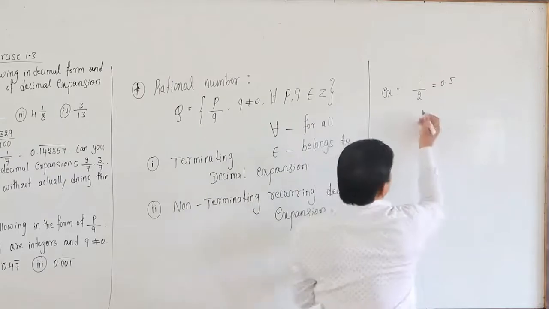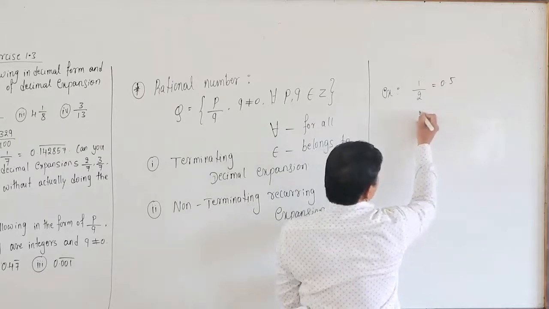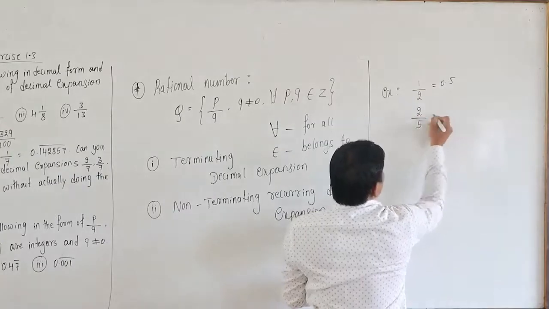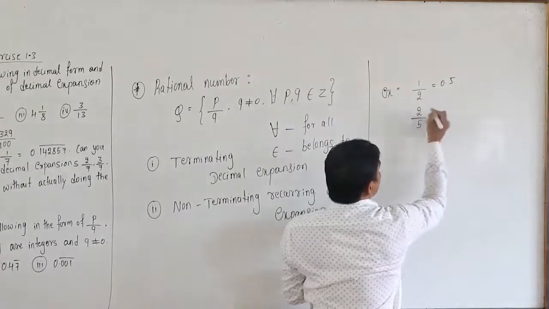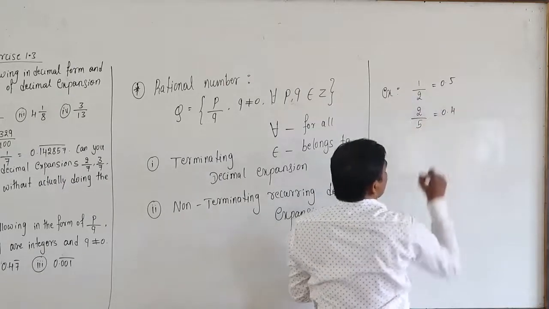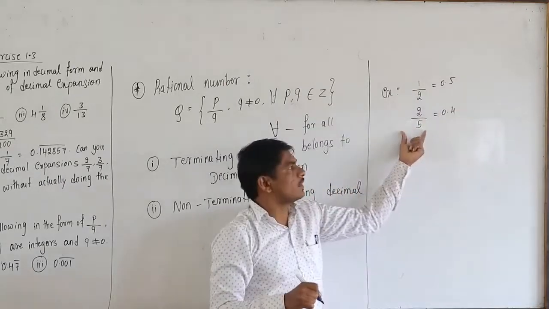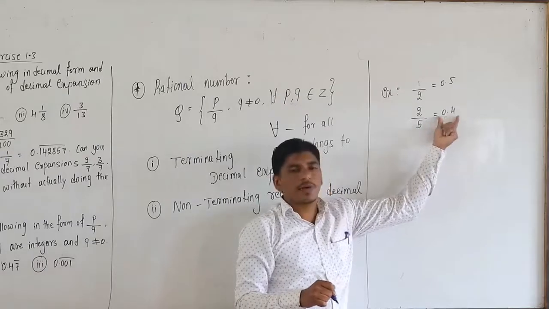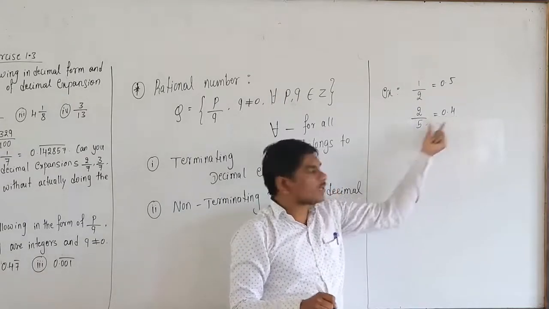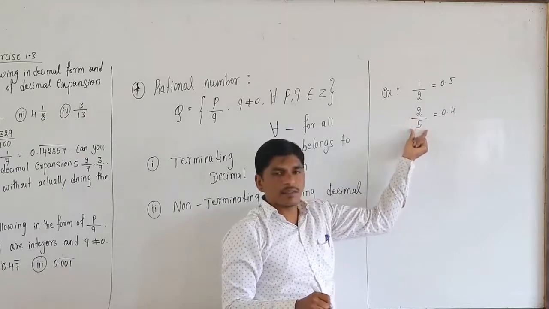Now, take one more example: 2 by 5. Take a decimal point and 0, 20 is formed, 5 fours are 20. Now the value of 2 by 5 is 0.4, which is the decimal expansion of 2 by 5.